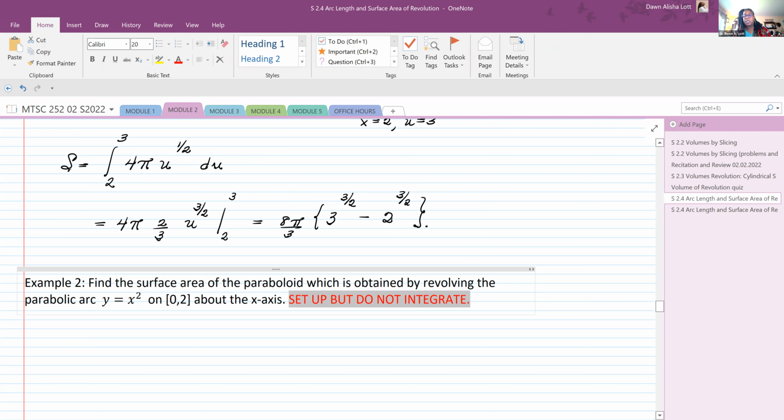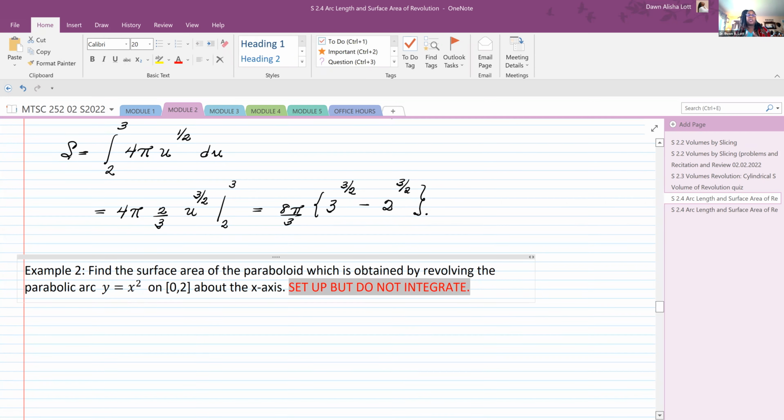When it says that, I expect you to get all the way to the end of the integral, but when you get there, I want you to quit. So what I'm going to have you do is set this one up, get all the way to the end, and stop right there. So I'm going to go ahead and take roll.